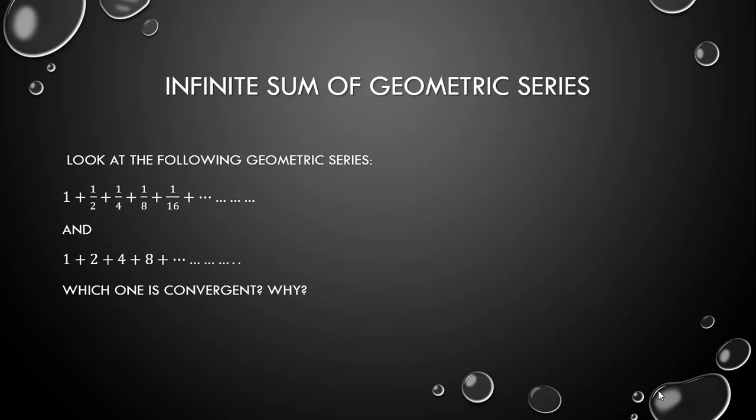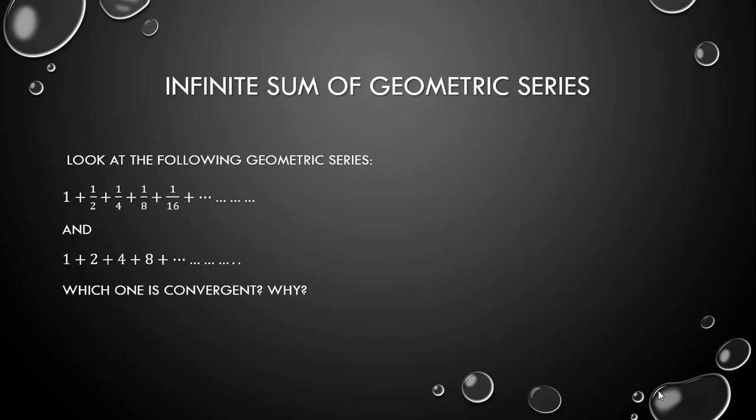Look at the first one. The terms are decreasing term by term. As you go further, the terms are decreasing sequentially: 1, then 1/2, then 1/4, and 1/8, then 1/16. So we can say that the series is approaching 0. And look at the second series.